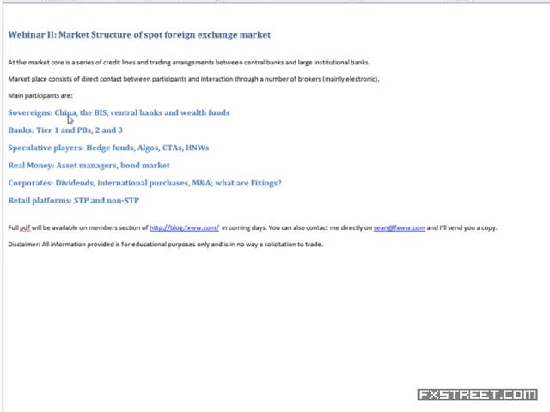So the big banks, as I said, I'm calling them tier 1. They're also prime brokers. They have trading lines with all of the big hedge funds, who I'll come on to in a second, and they're very, very influential players. They do not, as in the past, try and move the market as much as they used to.